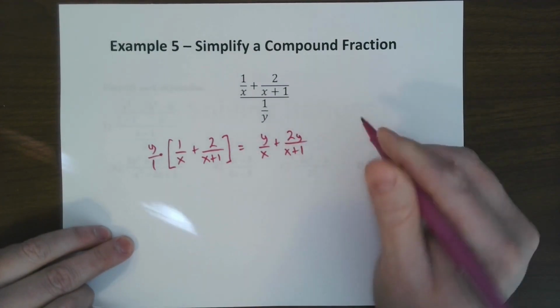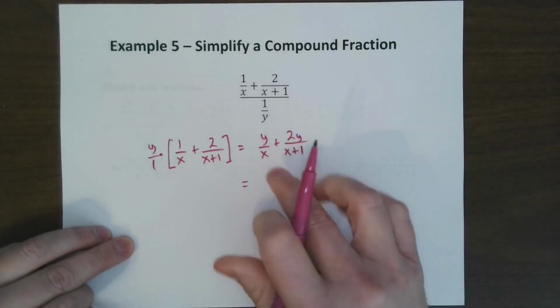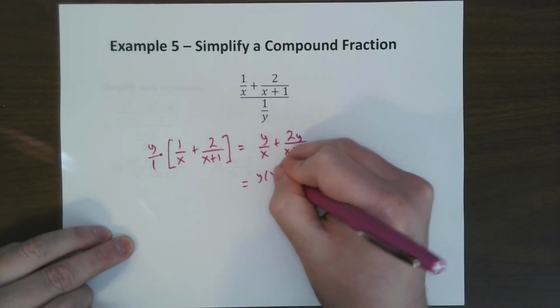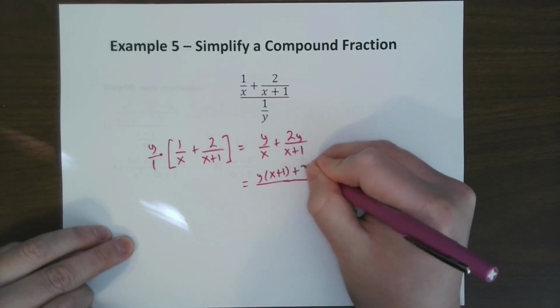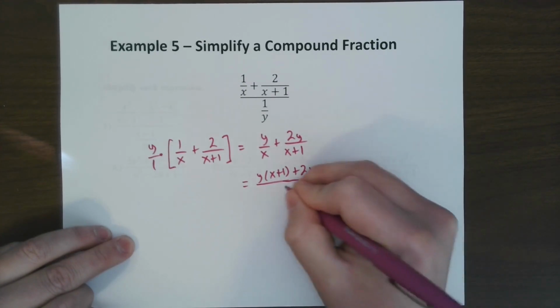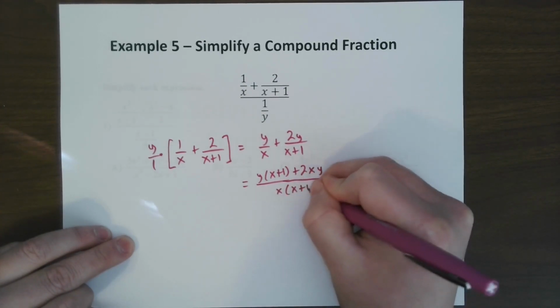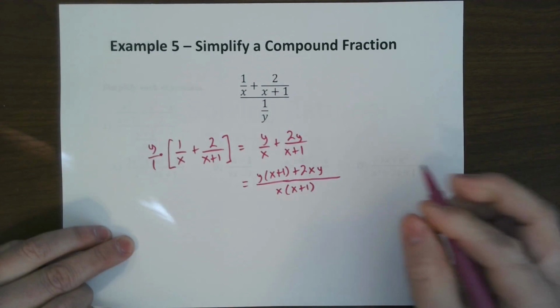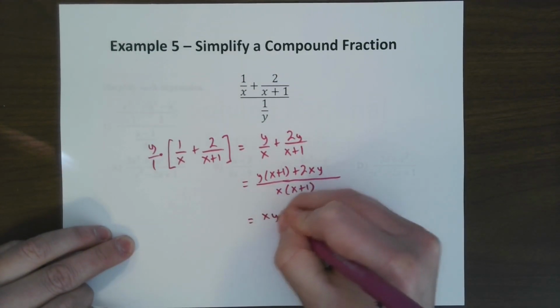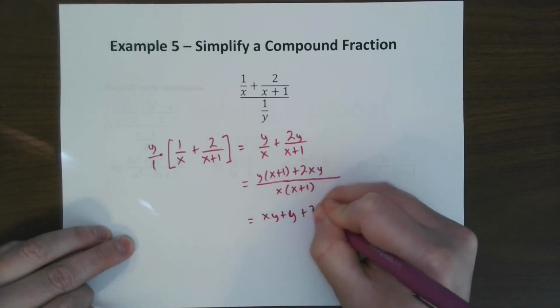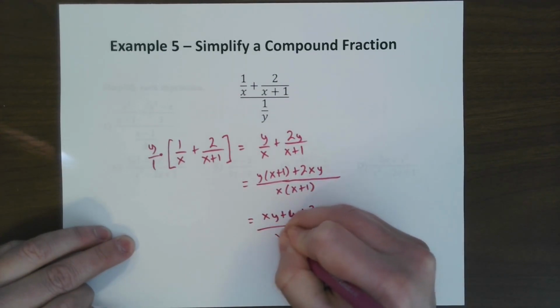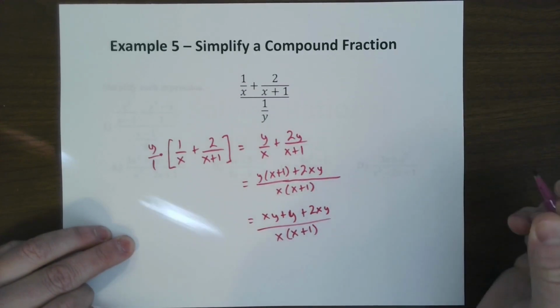And now we go through our process of making the like terms. So I got y times x plus 1 plus 2xy over x times x plus 1. So distribute the top: xy plus y, plus 2xy over x plus 1.